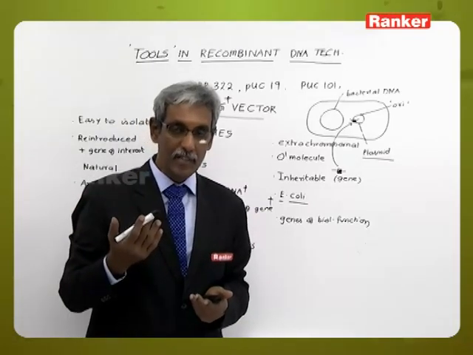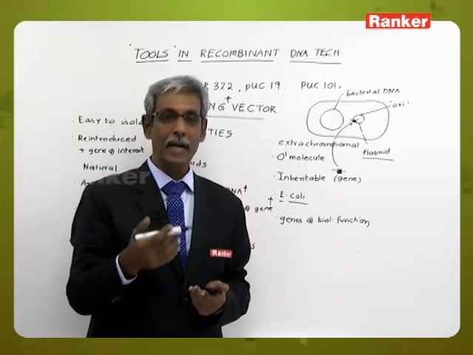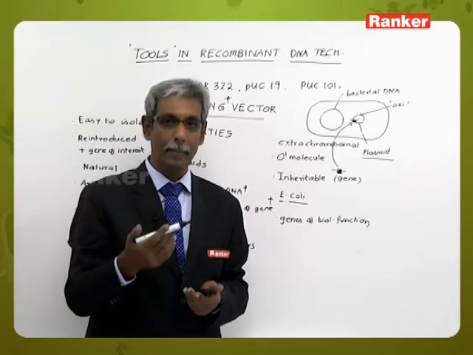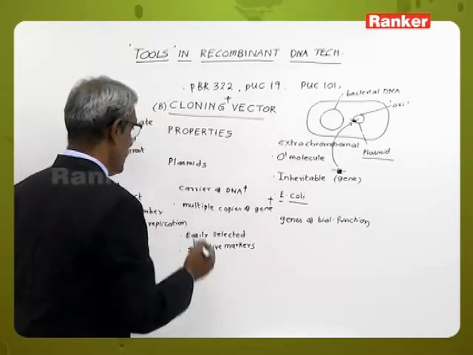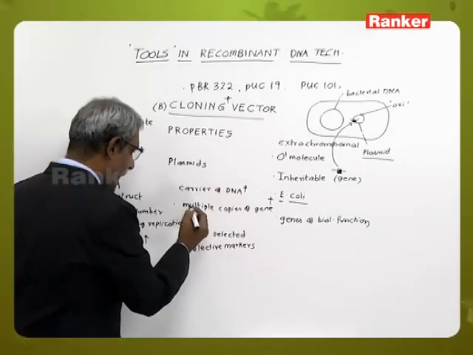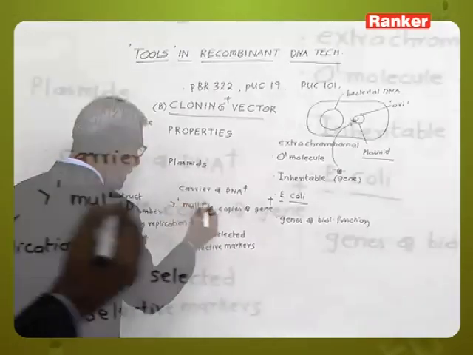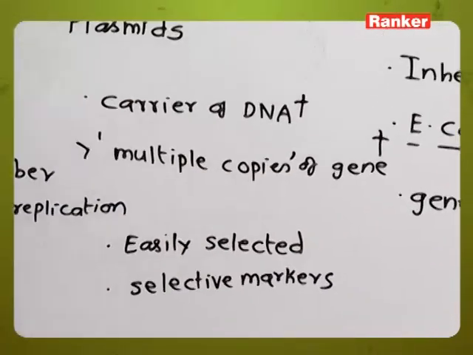So, your gene of interest will get loaded into the plasmid, and the plasmid will move from one bacteria to the other bacteria. A plasmid is a carrier of the DNA, and it is capable of making multiple copies of the gene.